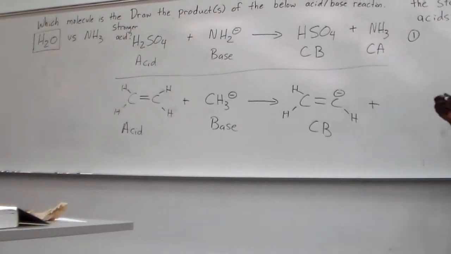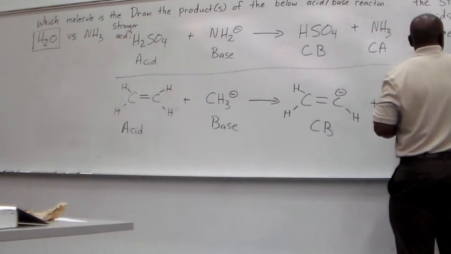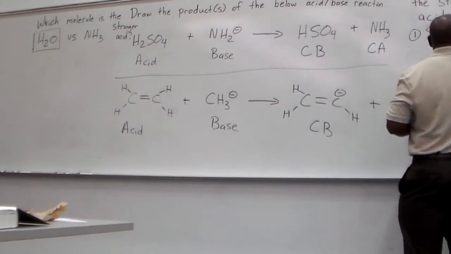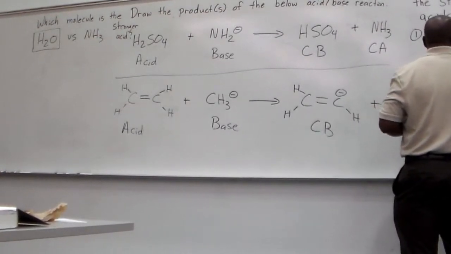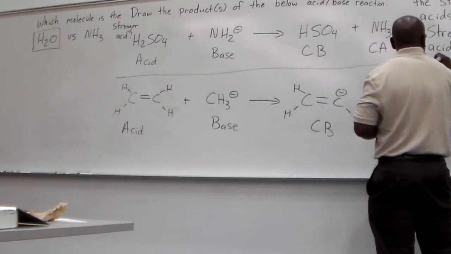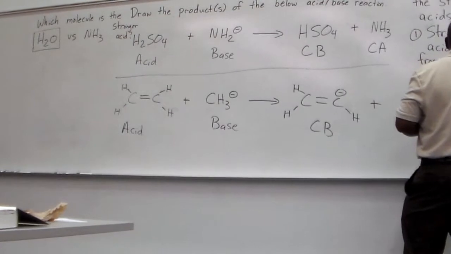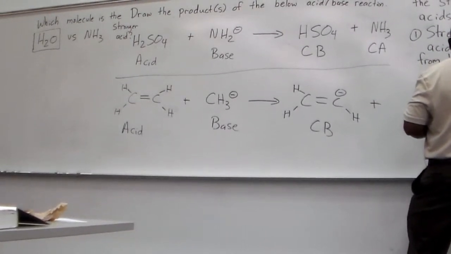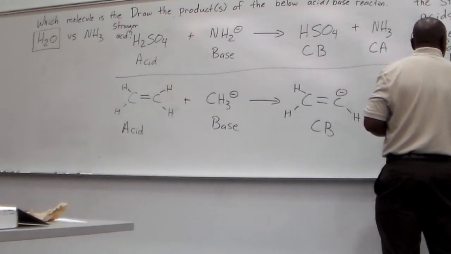Number 1, the strength of acids increases from left to right, across a period.